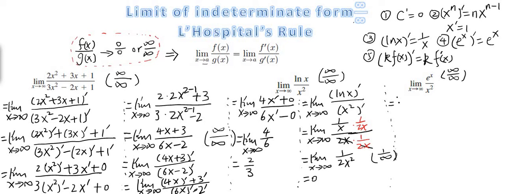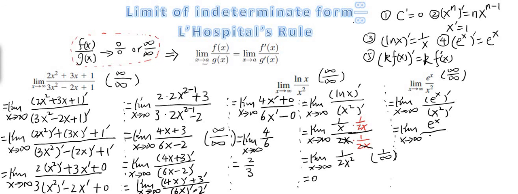Okay, again we're gonna do the derivative of the numerator, derivative of the denominator, and for the numerator we can easily see the derivative of e to the power x is gonna be itself, and the denominator is 2x.